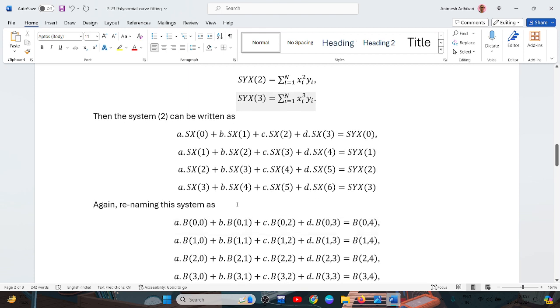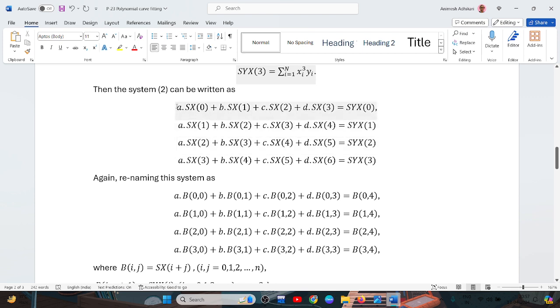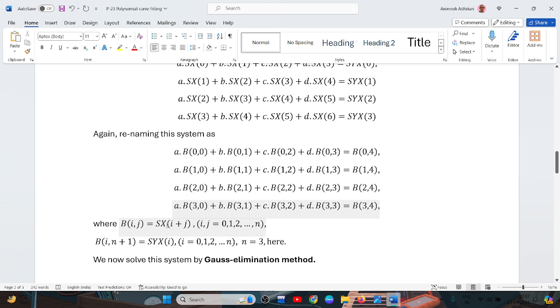Again renaming the above system: a into Sx0 called b00, b into Sx1 called b01. In this way we get a b30, b b31, c b32, d b33 equal to b34, where bij equal to Sx(i plus j), and i and j both run from 0 to n, here 3, and b(i, n plus 1), that is bi4, that is b04, b14, b24, b34, is equal to Syxi.